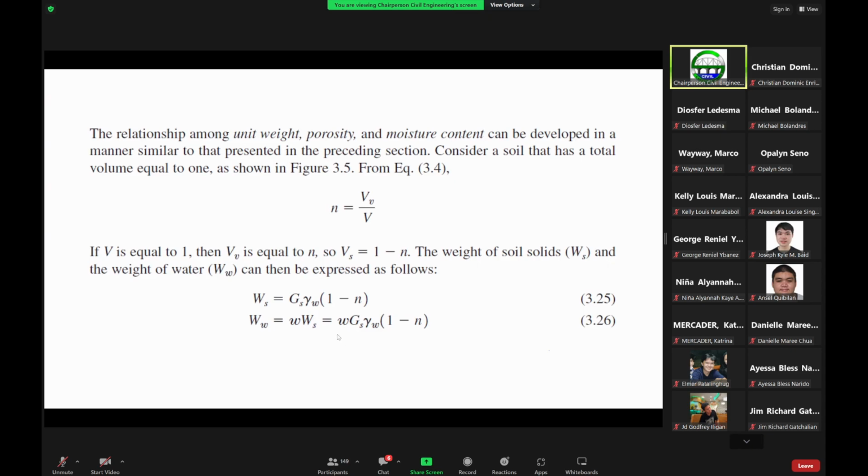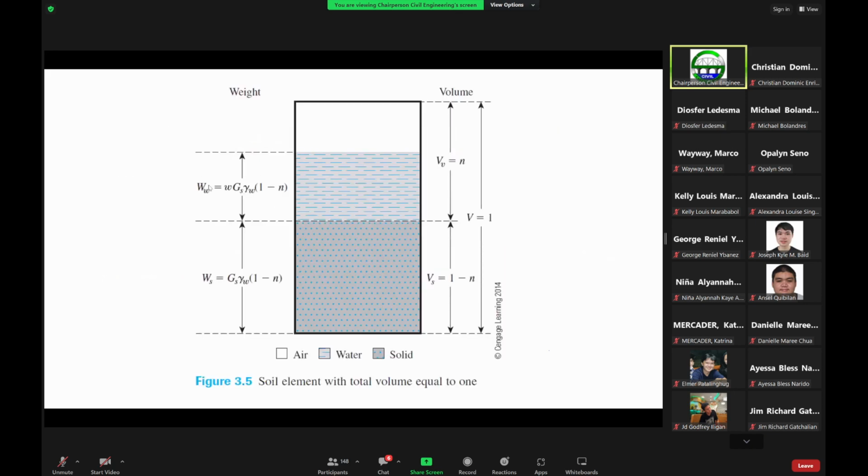We know that the weight of the soil solids is equal to this one, so we just replace the weight of soil solids by this term here. Hence, you have these two equations here.